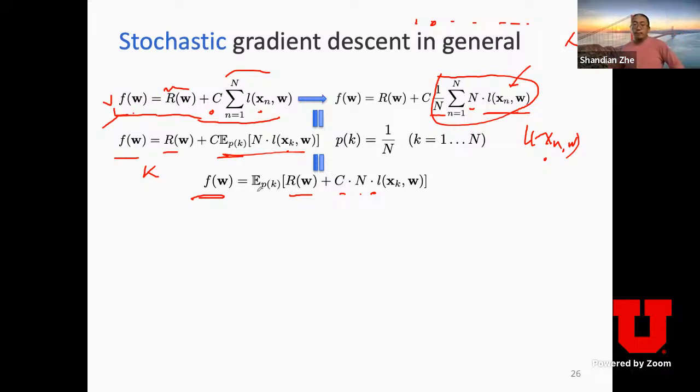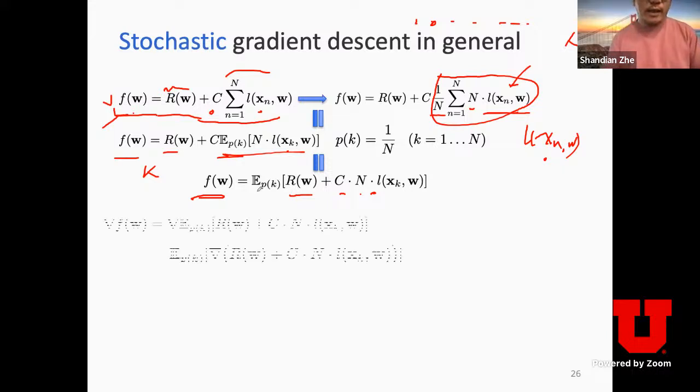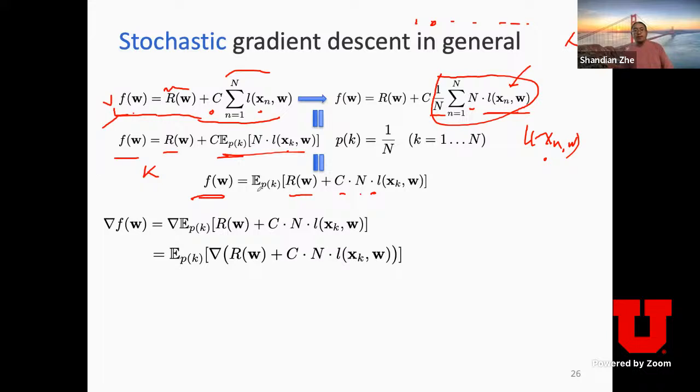Okay, so now it comes to the exciting part. We have an equivalent view, an alternative view of the total loss function, which is the expectation of some R of W plus some loss. Now, if you take the gradient of our objective function, that means you're going to take the gradient of this expectation.